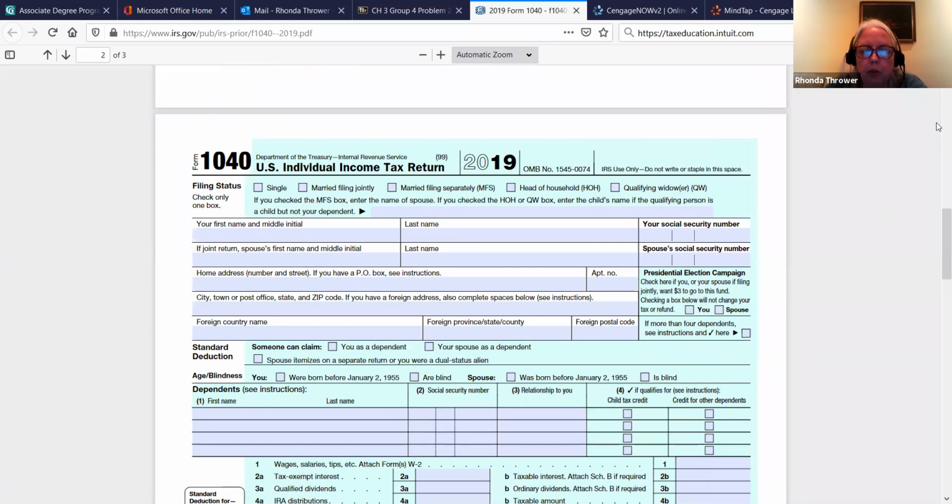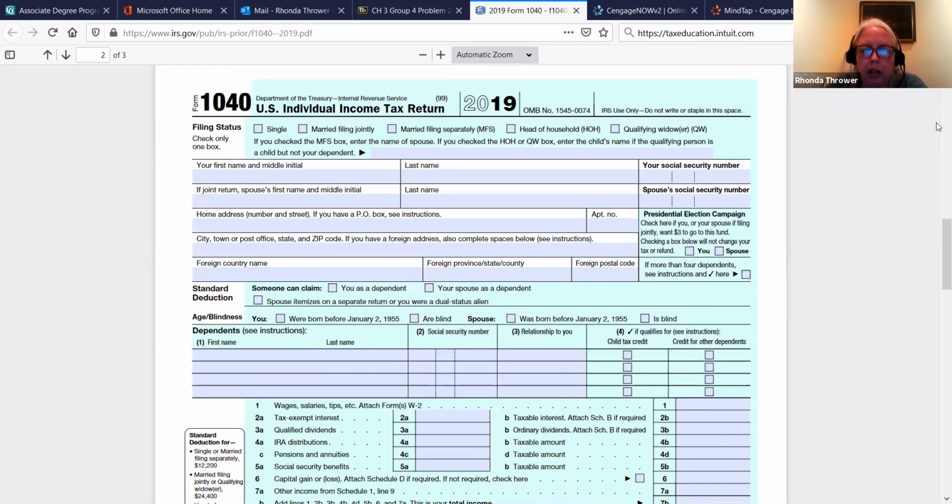And you should be able to see the 1040 form. Can you see that there? Okay. This is where you'd fill in the information about that person and all of this information here. So let me see if I can flip back.